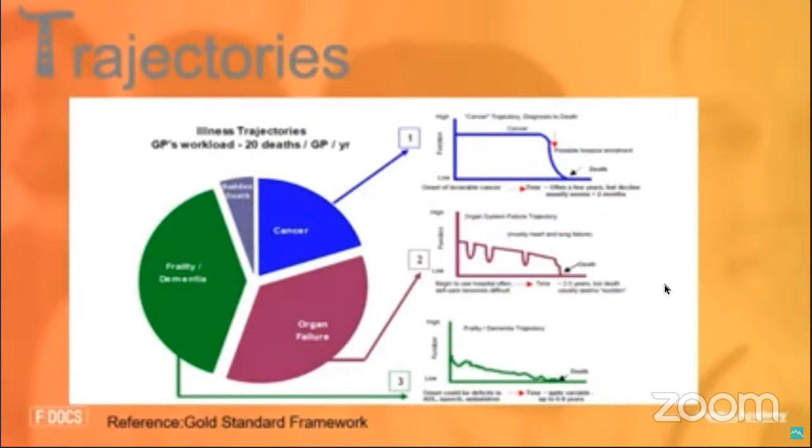So if they say they want to die at home, but they recover well whenever they go in for antibiotics, it's really difficult to try and work out which infection, which deterioration you shouldn't send them into hospital for in order to try and achieve their wish of dying at home. And the bottom graph is the picture that we see in patients with dementia and frailty. So they already start at a low level of function, they sort of grumble along with a gradually deteriorating function until the end of life.